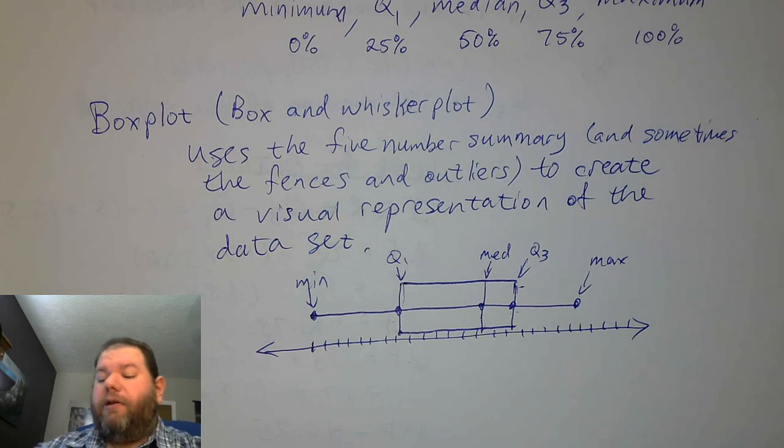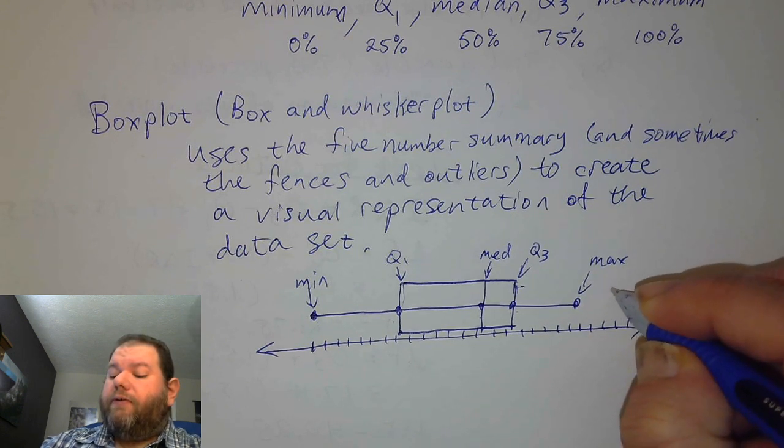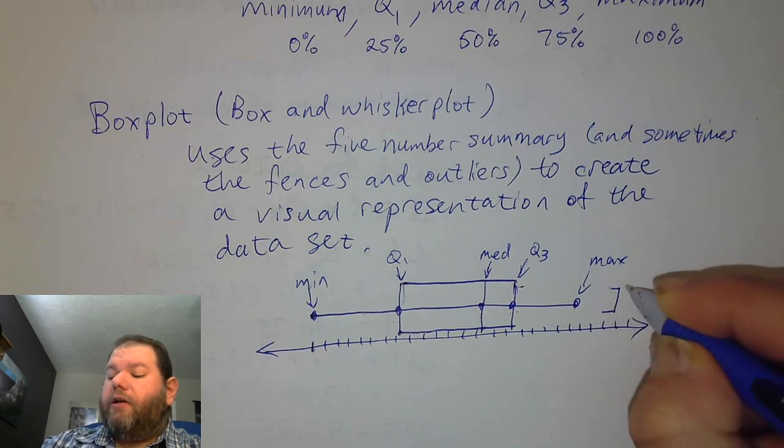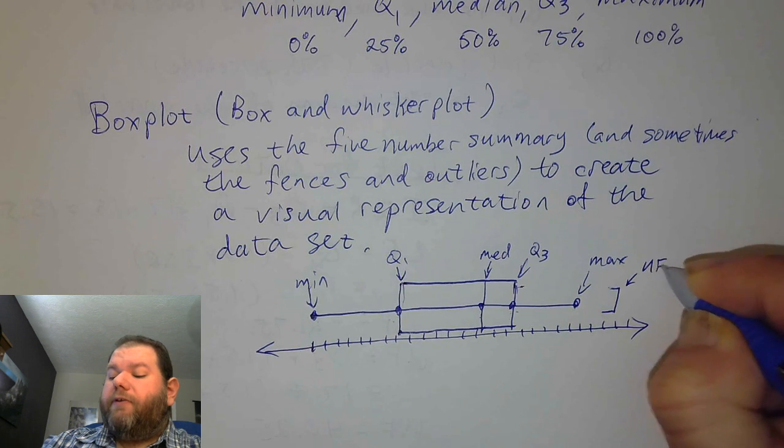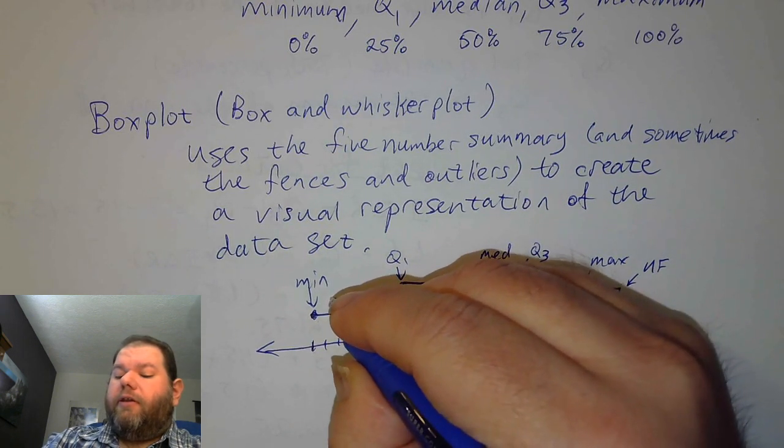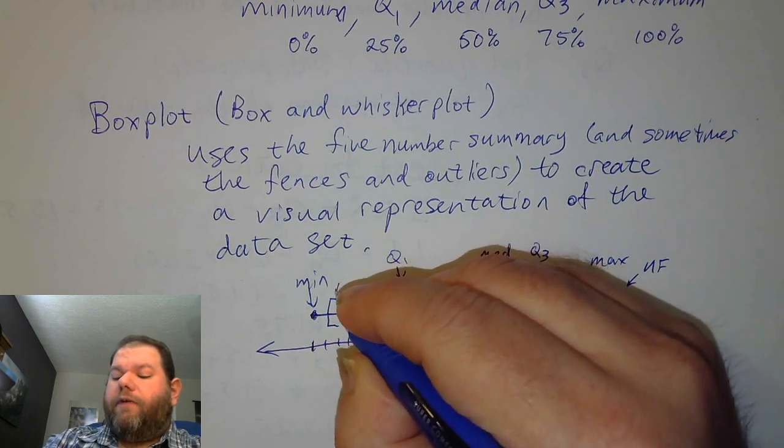Anyway, now I mentioned that we might also use the fences and the outliers. The way that we use the fences is we'll draw the fences with a bracket. So this might be the upper fence, and this might be the lower fence.